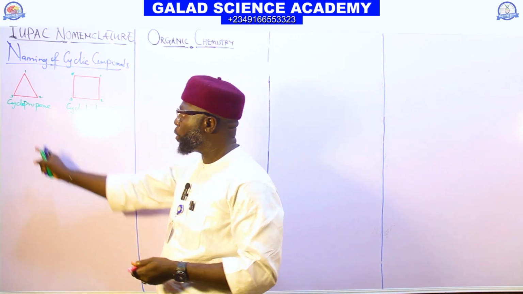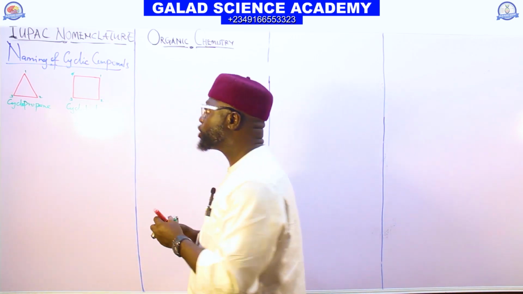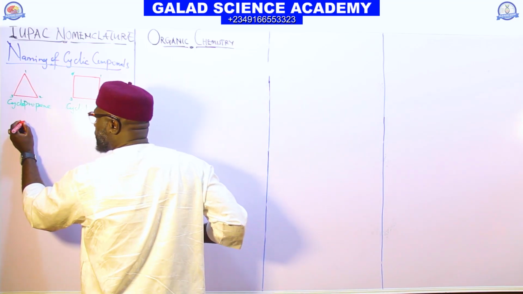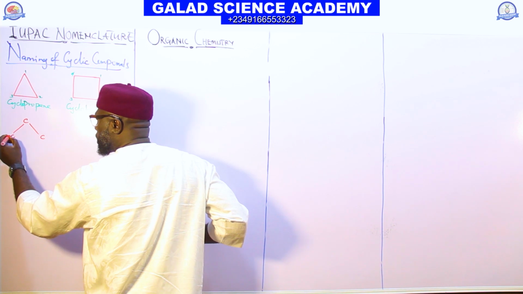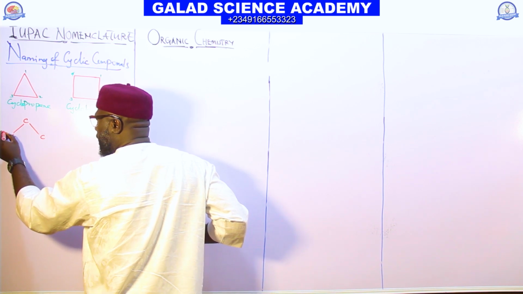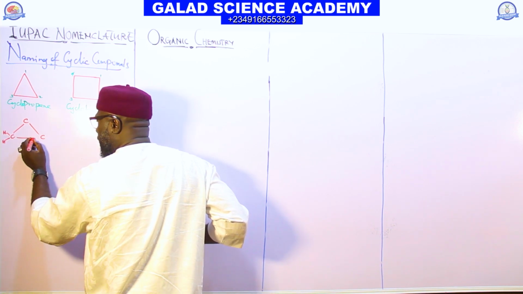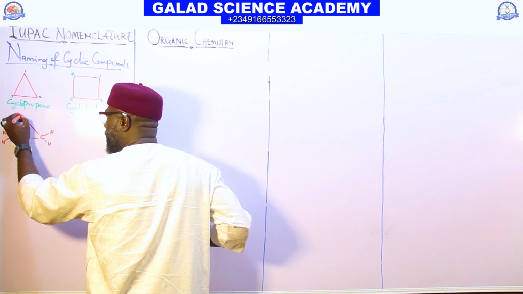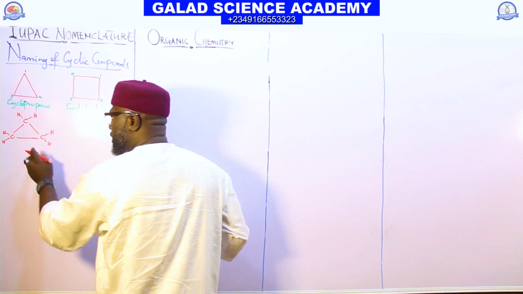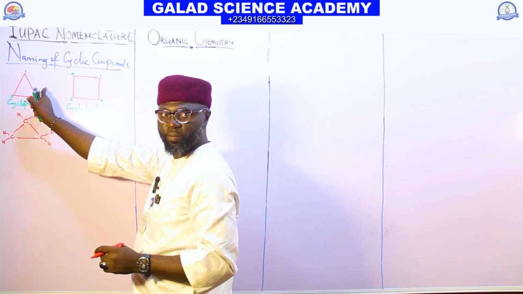This cyclopropane, I can still draw in this form: CH2, with H, H, H, H, H, H. This is the structure of cyclopropane.